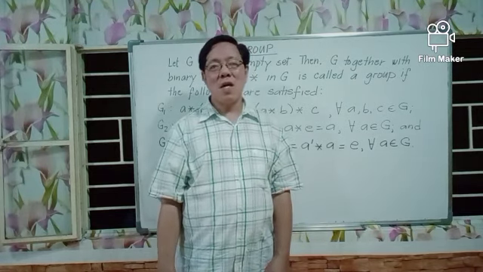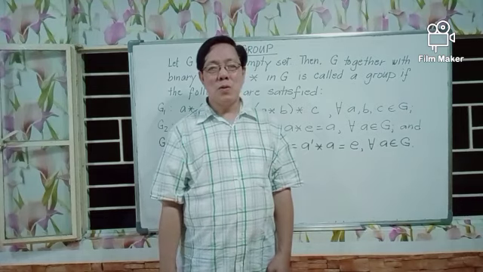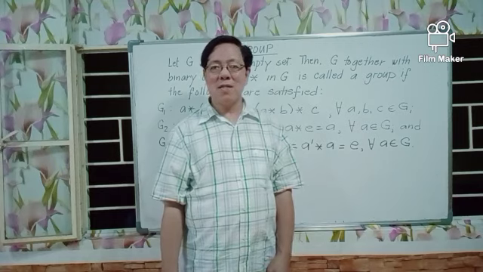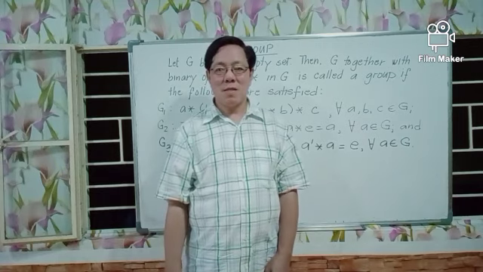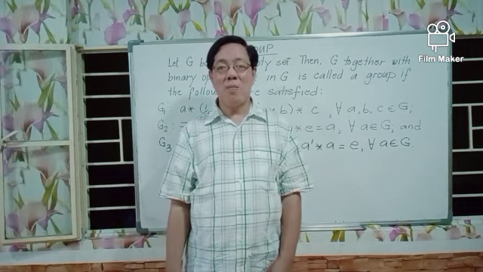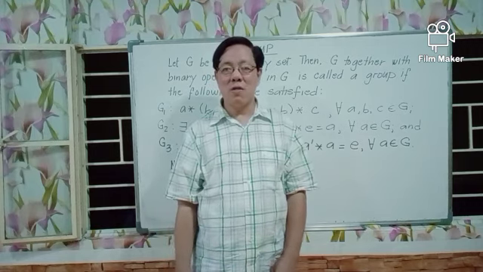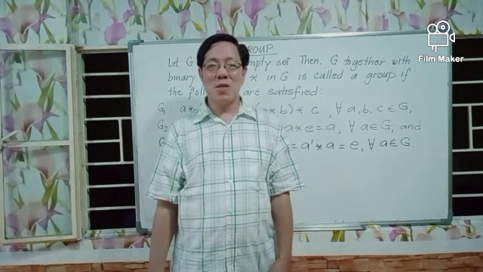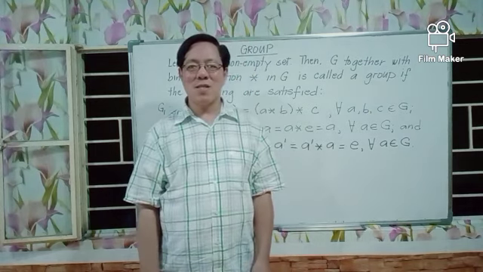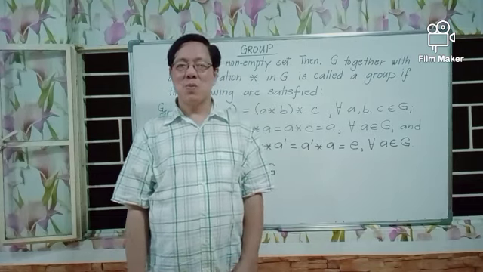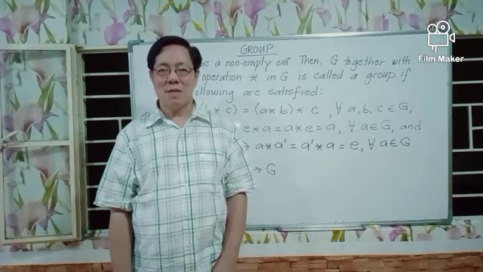Also, in the study of sets, you should have learned that union of sets and intersection of sets are binary operations on sets. Because these set operations, union and intersection, combine two sets at a time to produce another set.